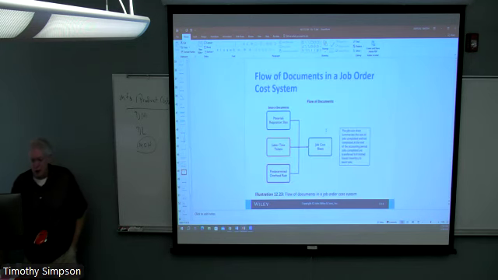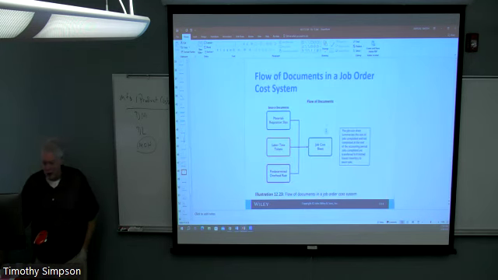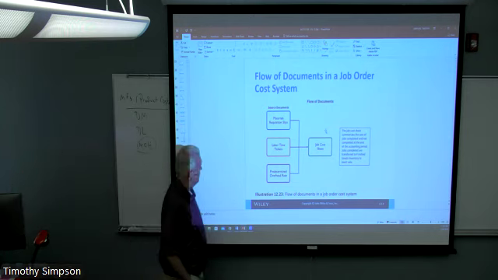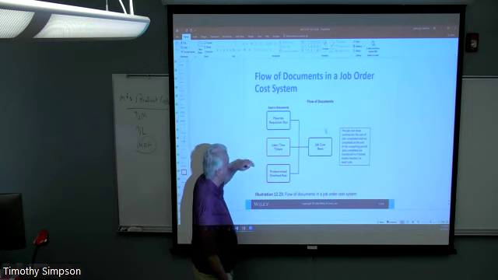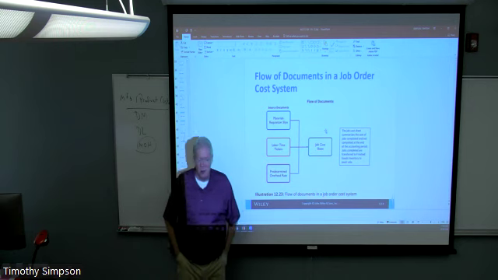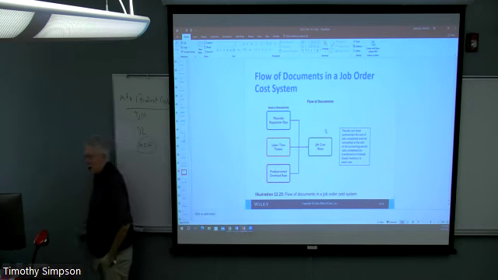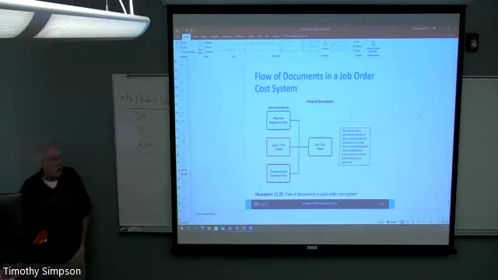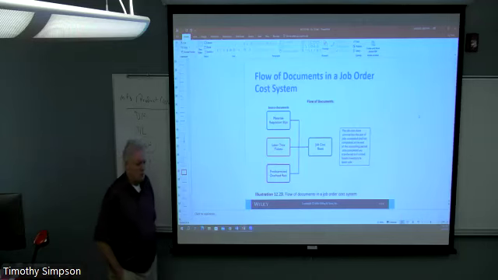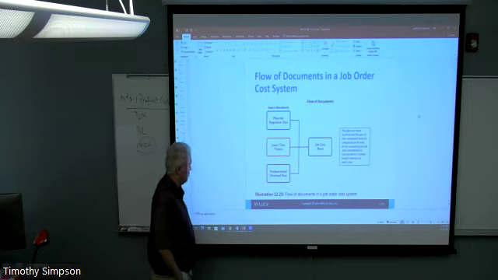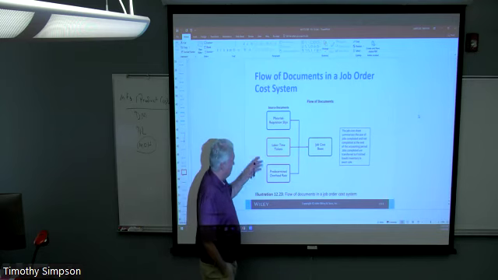Okay, and then the flow diagram, and I don't know if this particular slide is all that useful, but obviously these are all in your text. These are some of the source documents that are used in order to go back and help to determine what these costs are. Source documents are interesting in the sense that they oftentimes are physical documents, or increasingly they're more associated with electronic files somewhere, where accountants will go back at certain points and say, where do we get these numbers?